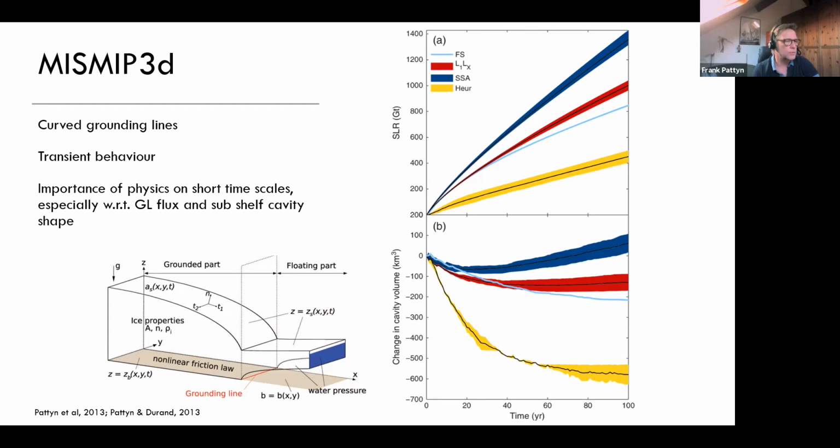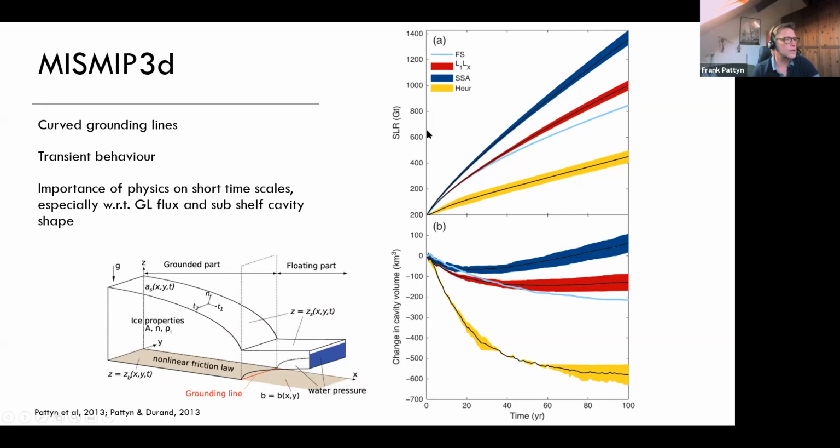So starting from a case in which is completely unbuttressed, and then make a grounding line advance to create a curved grounding line. It's very subtle as an experiment, but it was meant to check the transient behavior and see how models cope with that transient behavior.